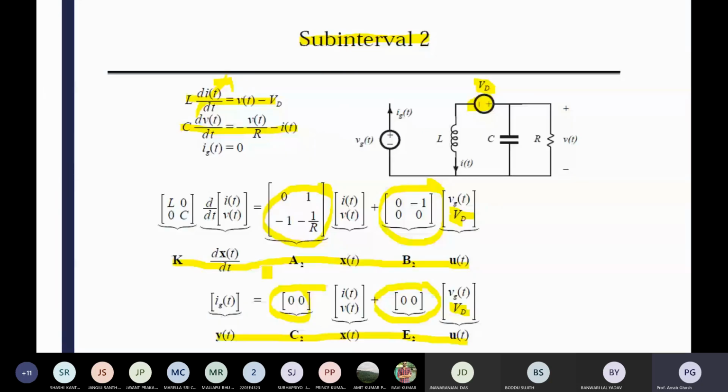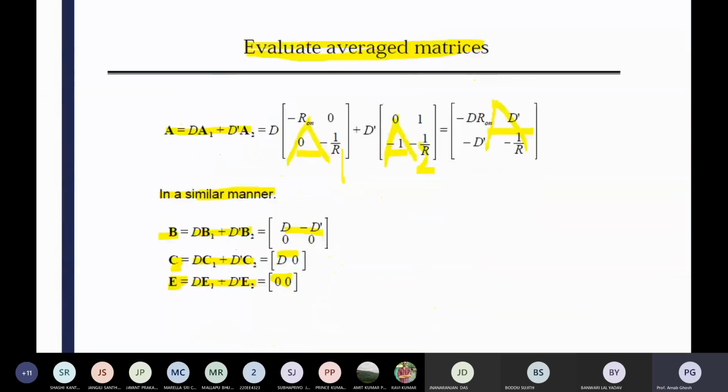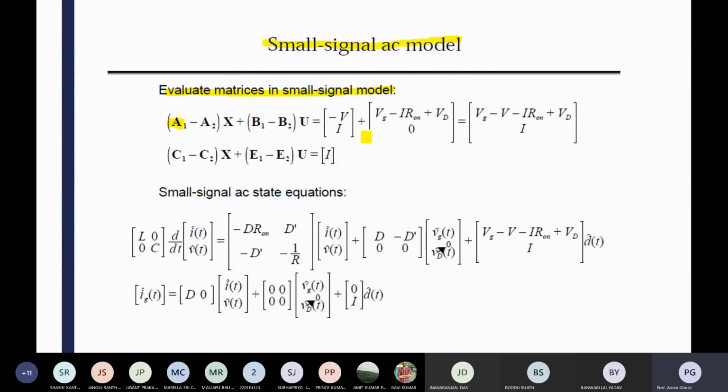Here you will get the values of A2, B2, C2, E2 and A1, B1. Now you just replace those values into the generalized equations for the state transition matrices and the output matrices, and you will find the values. The small signal DC state equation you will get from here.